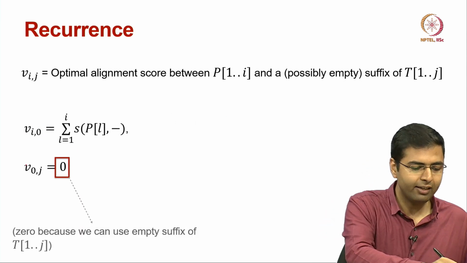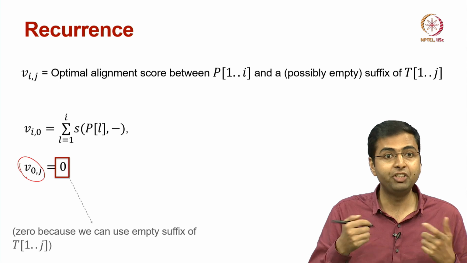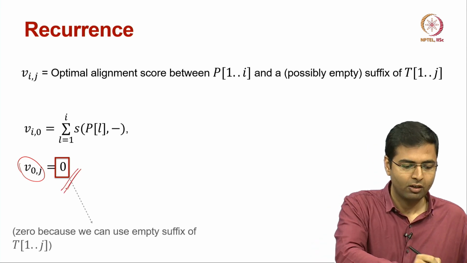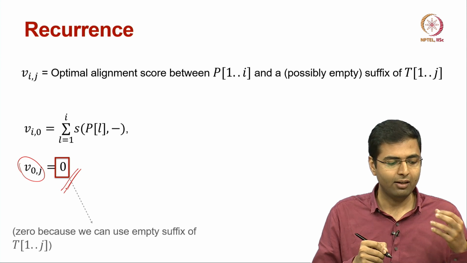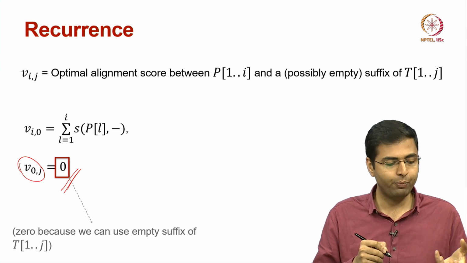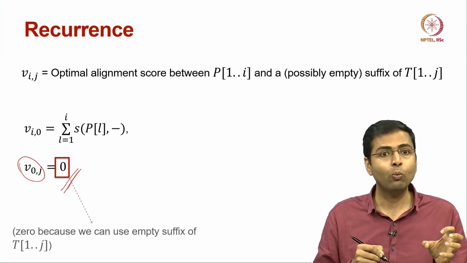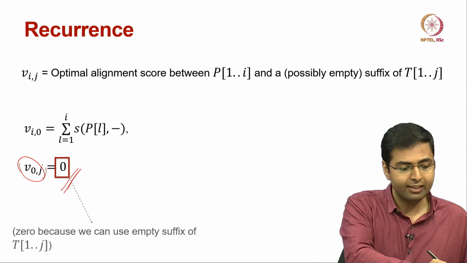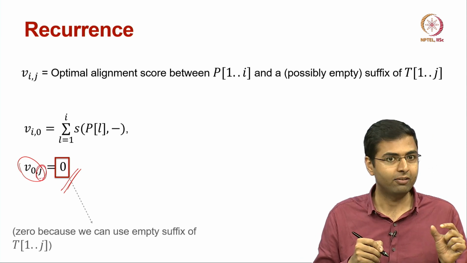Similarly, if I want to define another base case of V0,j, then this time it will be 0, because now I am considering the optimal alignment score between an empty string and a substring ending at position j.